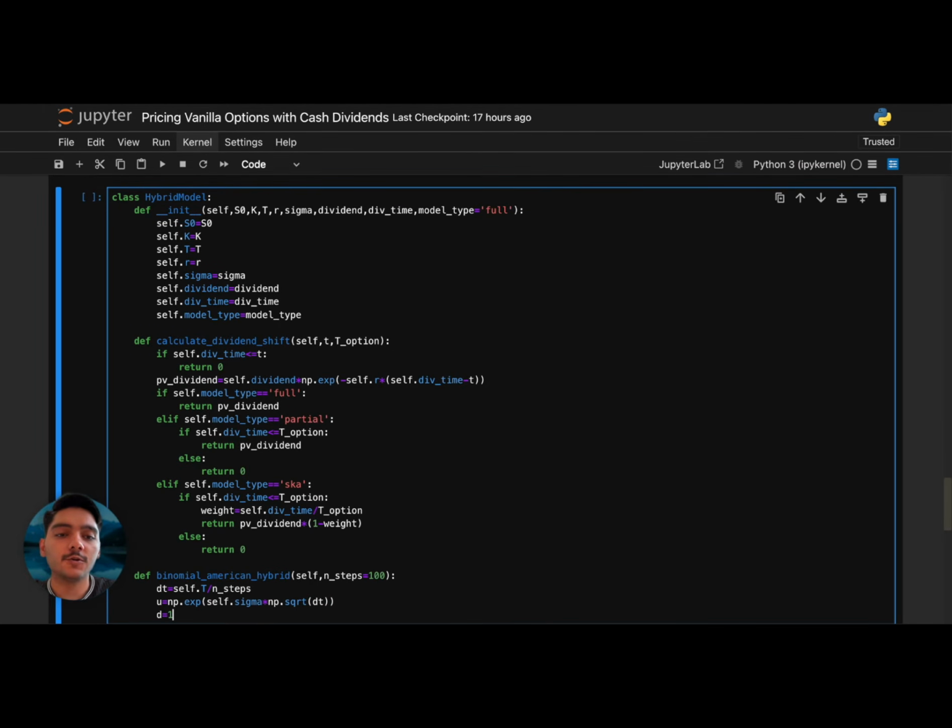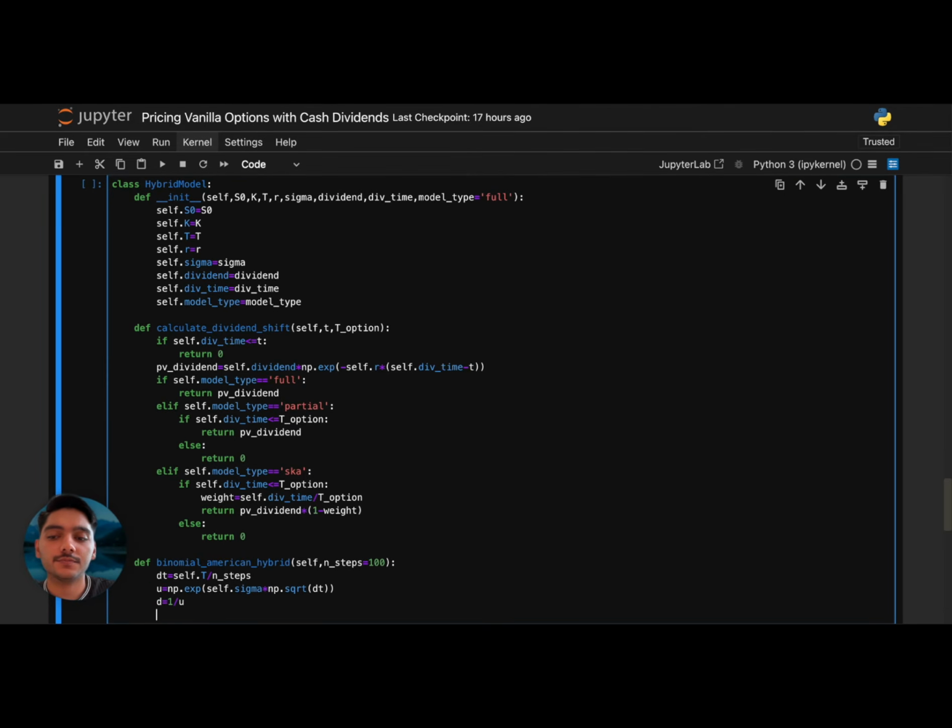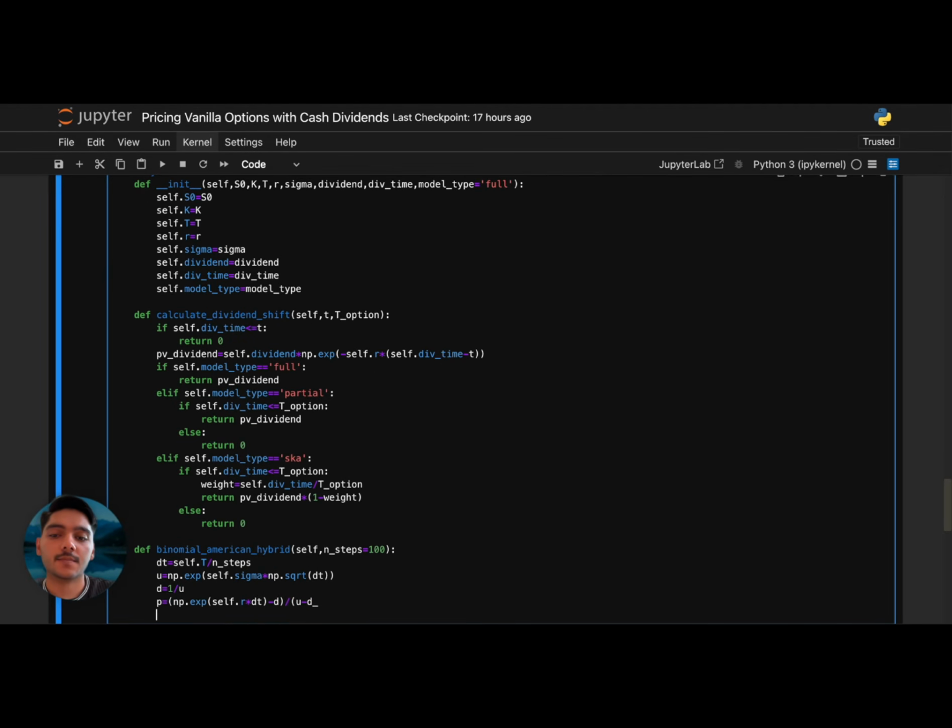The d will be equal to 1 upon u, and p will be equal to np.exp(self.r into dt) minus d, divided by u minus d.